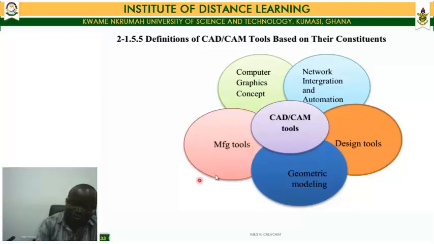You should have a manufacturing tool, you should have a design tool, and then of course that design tool should be able to create geometric modeling, and overall there should be a network integration and automation capability so that you can have a CAD CAM tool.